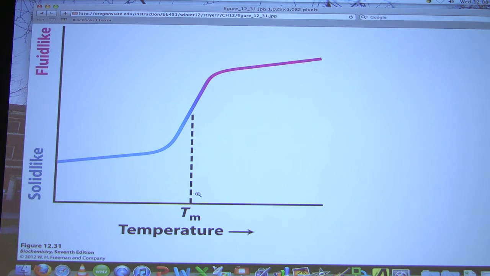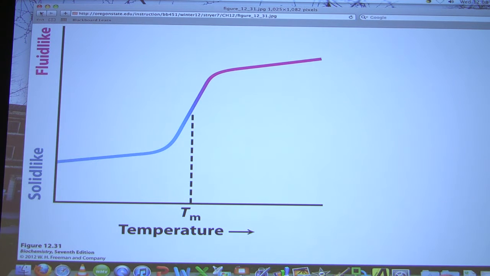And in fact, that's exactly what we see. Fish oil, everybody knows, is very high in polyunsaturated fatty acids. And part of the reason is this phenomenon with respect to the fluidity of membranes. Okay? So fish oil is high in polyunsaturates to help keep the membranes fluid at a lower temperature.